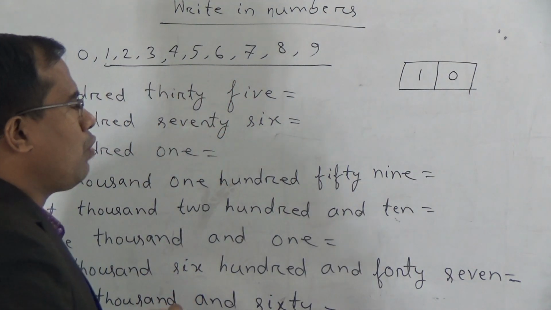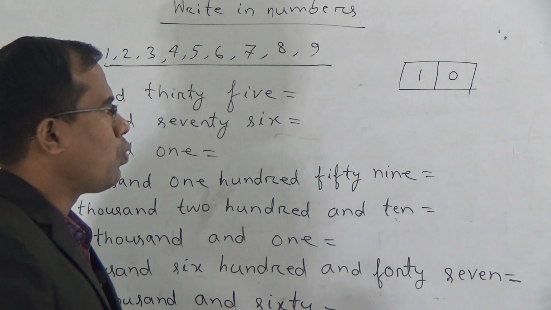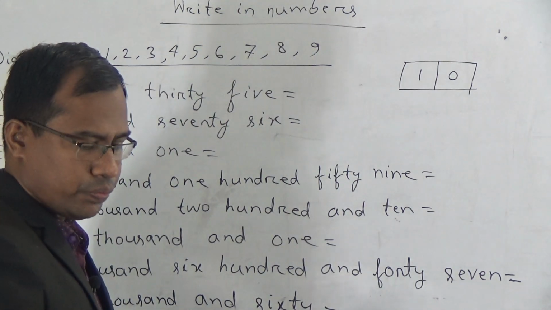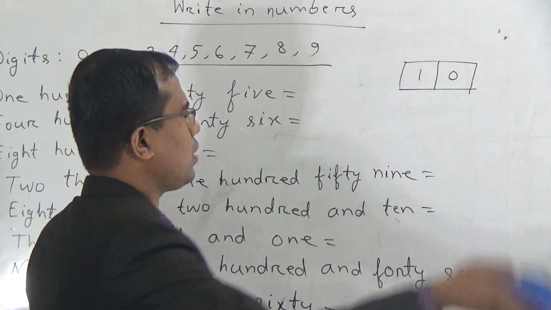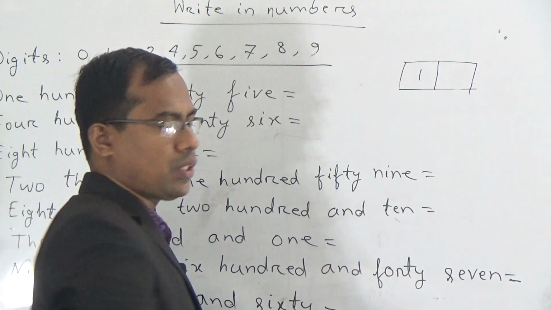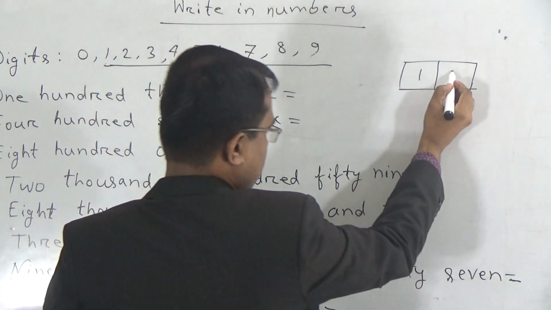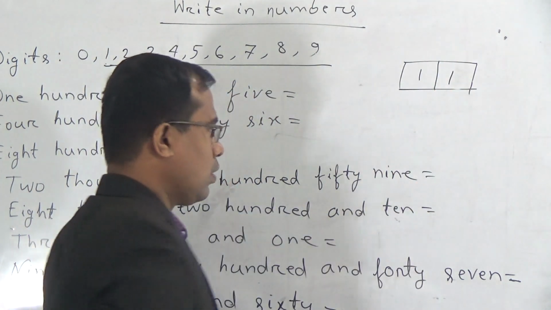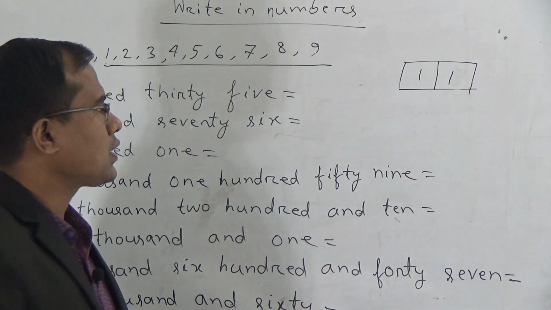Okay. Now if we want to write 11, that means 1 more than 10, then we can just change the digit of ones place. Here instead of 0, if we write 1, then this expresses 11.